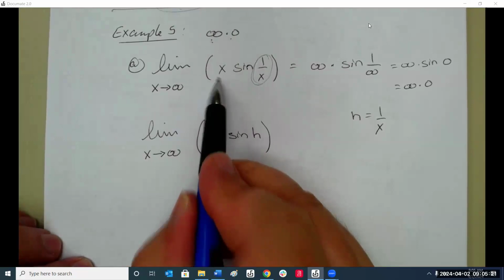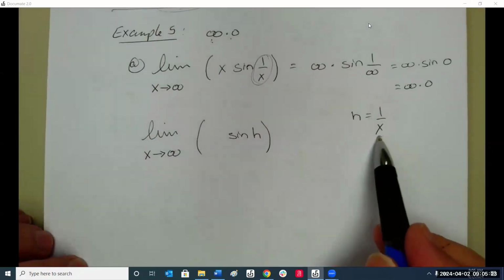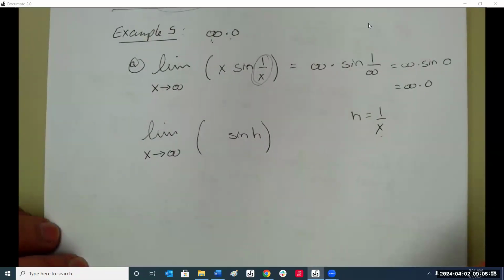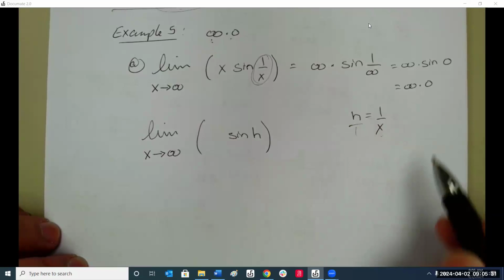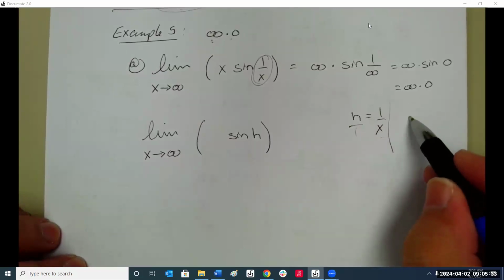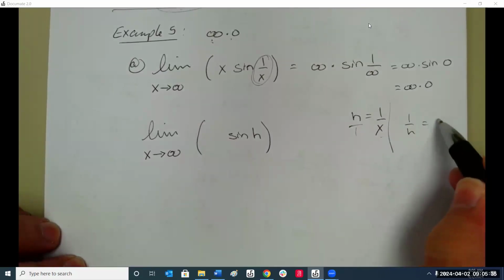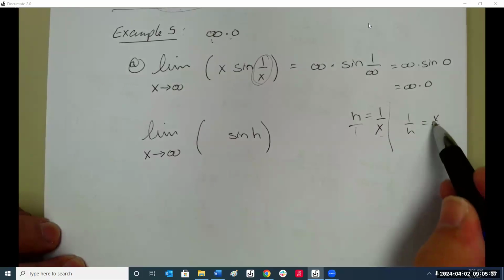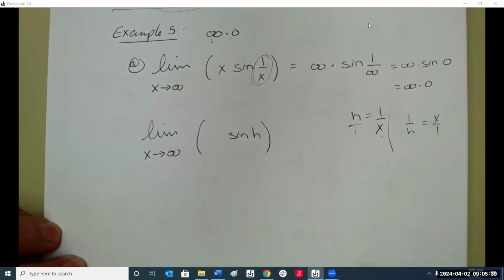So what is x going to be? If we solve for x, what do we get? Because if we flip them, x is 1 over h.